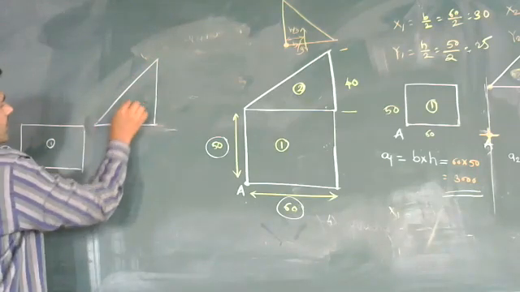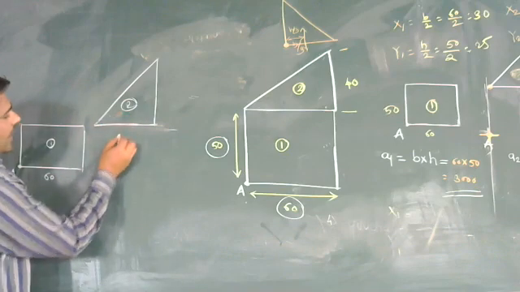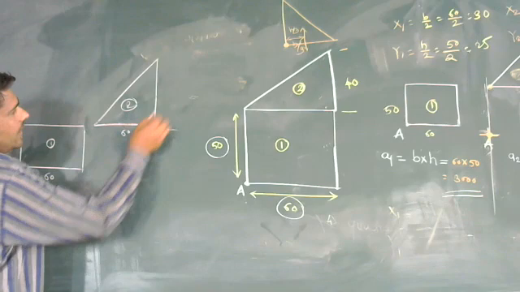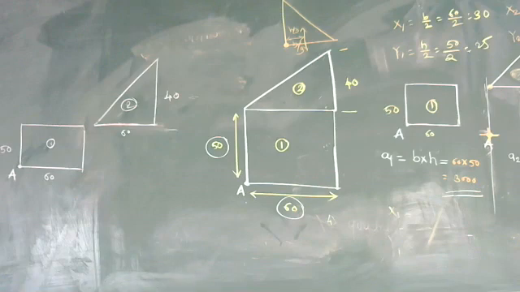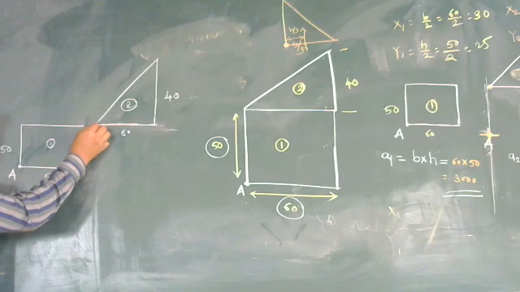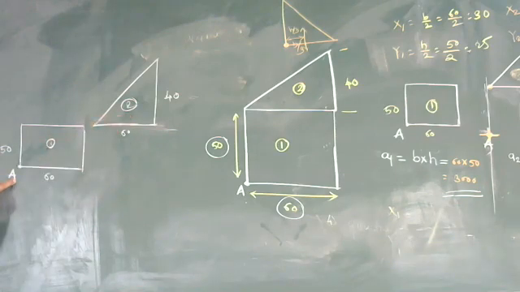This is the second object. ये second object का width कितना है? 60 है and height is 40. Are you understanding or not? So, but we are required to find out हमको second object का centroid from A से find out करना पड़ेगा. Clear?